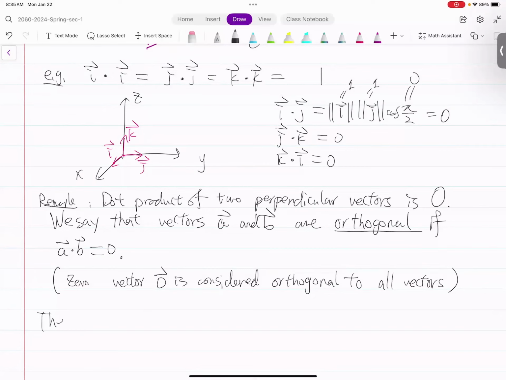Now we are able to verify the arithmetic perspective of the dot product from the geometric one.